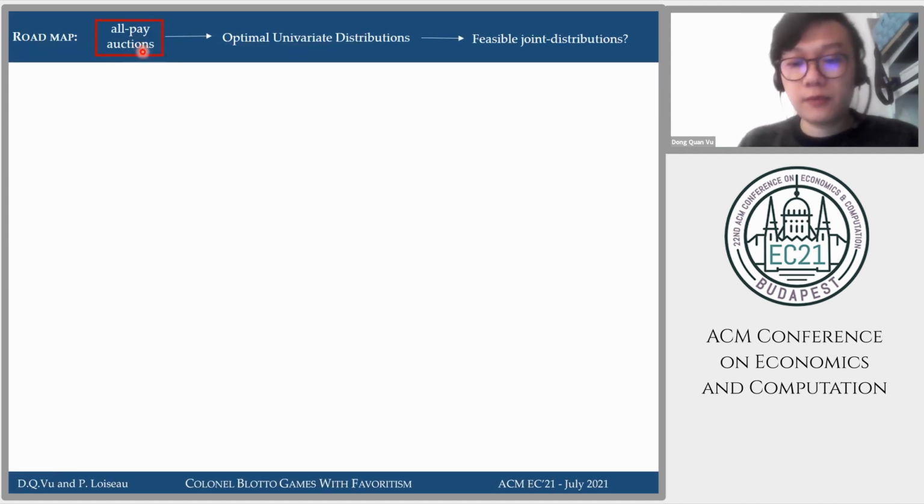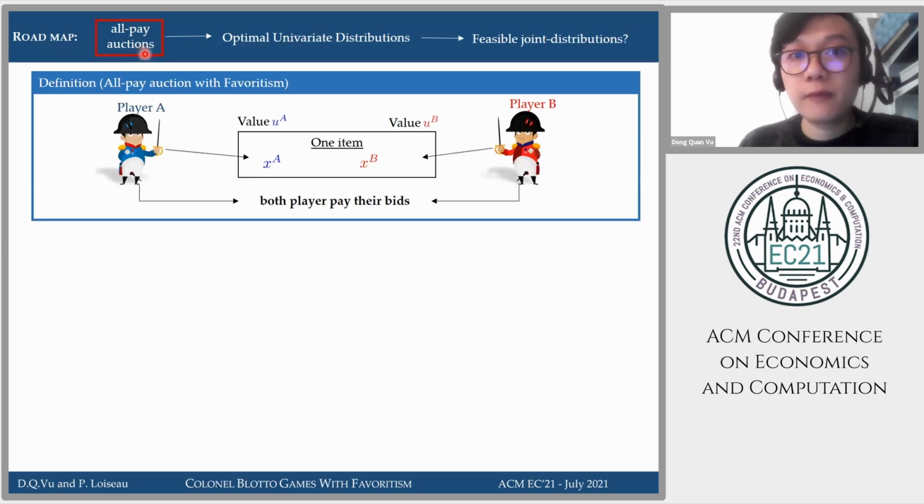So first, let's define the all-pay auction with favoritism. It is a game between two players, again A and B, and they compete for one common item. Each player assesses the item with a value, say UA and UB. When the game begins, simultaneously, both players make a bid, say SA and SB.